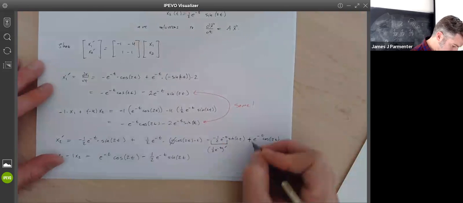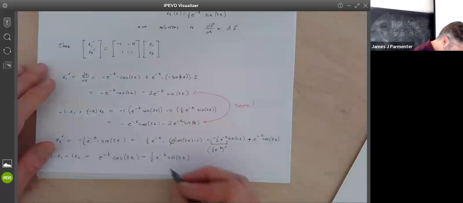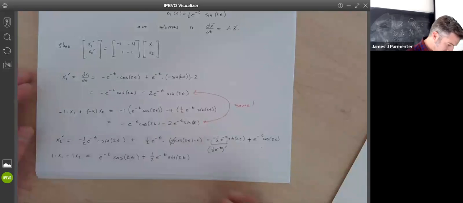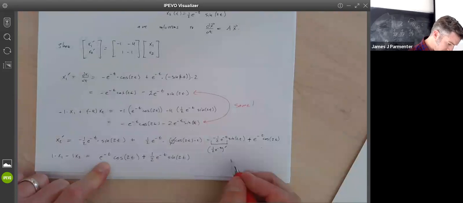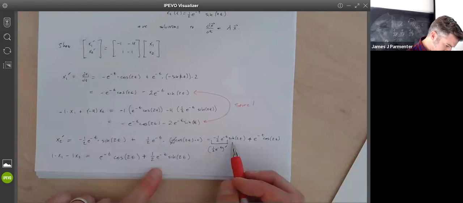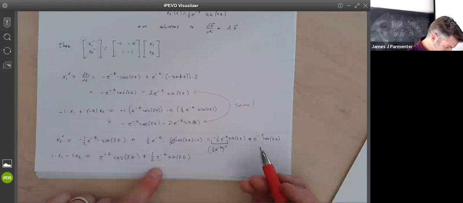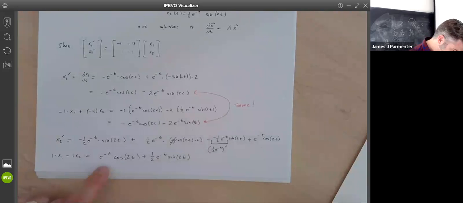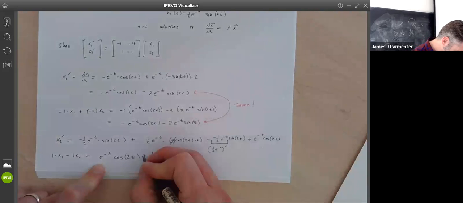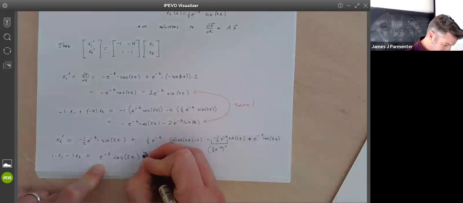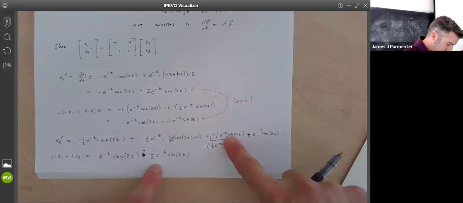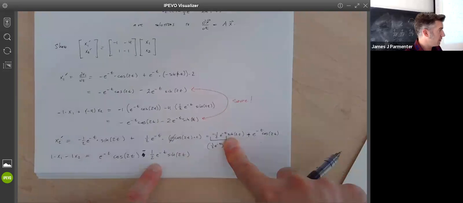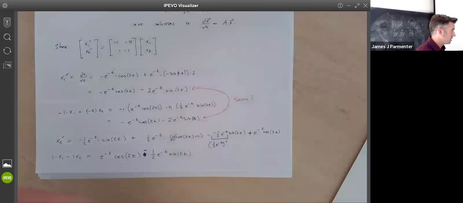So there should be a plus sign there. And then, yeah, these are looking the same. They're written out of order, but they are the same as each other. Sorry, yeah. I put the plus sign in the wrong place. Sorry, that's a minus sign still. I've got an e to the negative t cosine of 2t and a minus 1/2 e to the negative t sine of 2t. So they are the same if you're careful with your minus signs.